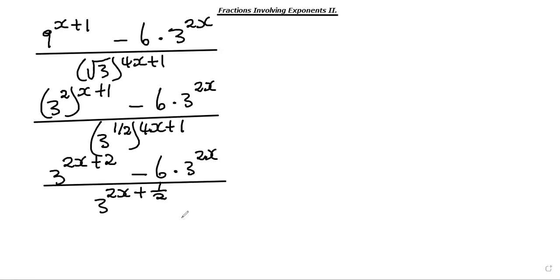Then from this point, if we look at these two terms in the numerator, we are thinking of a common factor. So we realize that both of them have 3 to the 2x in common. However, we can't access it readily in the first term because of the plus 2 there.